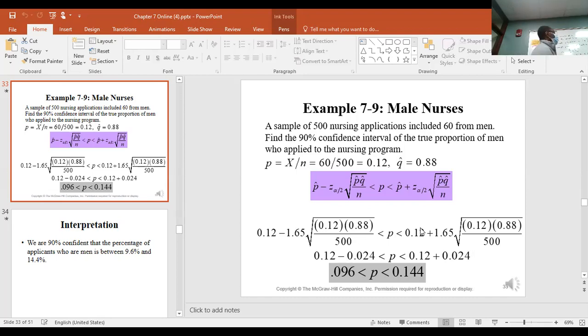So the confidence interval will be 0.12 minus 0.024 to 0.12 plus 0.024. So they give us 0.096 to 0.144.